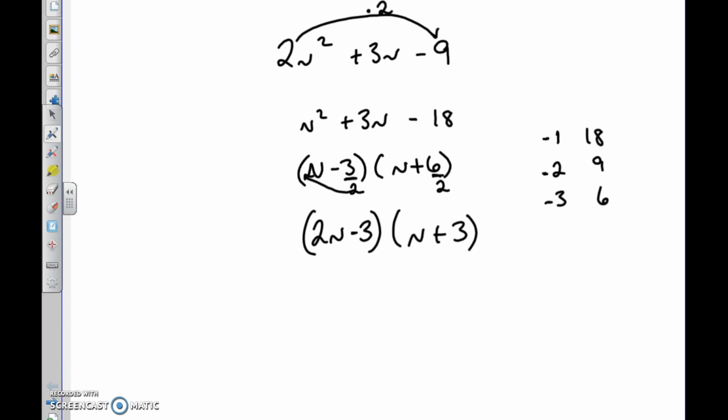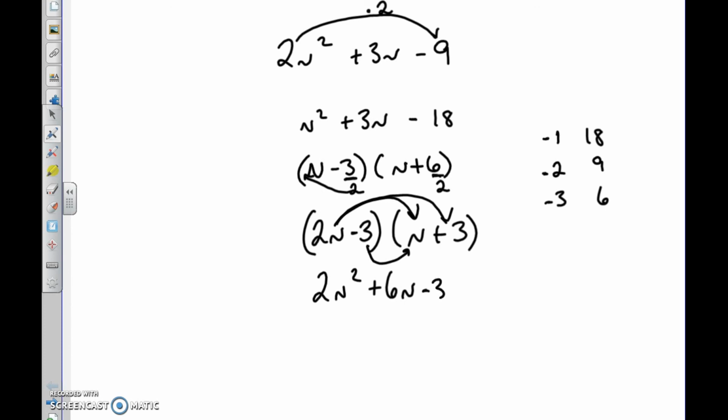Since this is a new method and some of you may not follow, let's go ahead and check to make sure. So we have 2n times n. That would be 2n squared. Okay? Then the next thing is take that 2n and multiply it by 3. That would give me the plus 6n in the middle. Nothing else to multiply the 2n to, so I'm going to take this negative 3 and multiply it to an n.